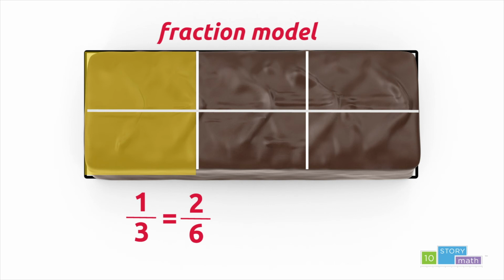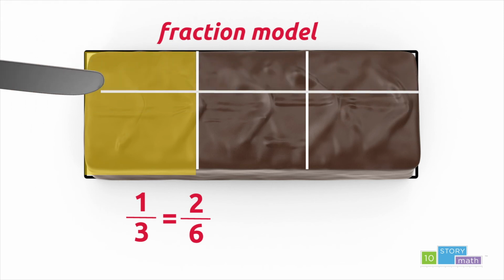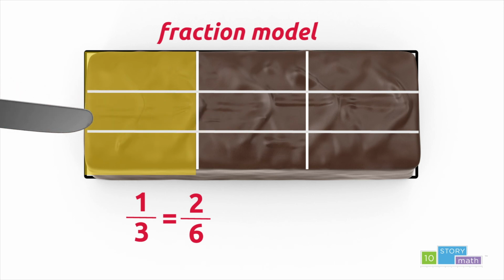In fact, 1/3 has countless nicknames. Take a look. With each additional horizontal cut, it's like I create 3 additional pieces. And of those 3 pieces, I'll offer you 1 more.